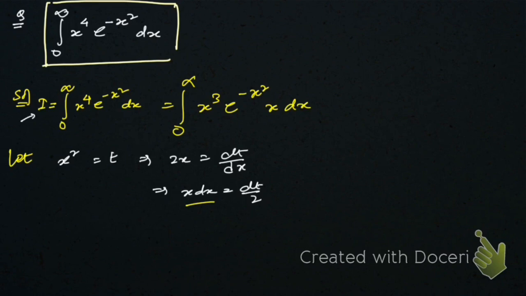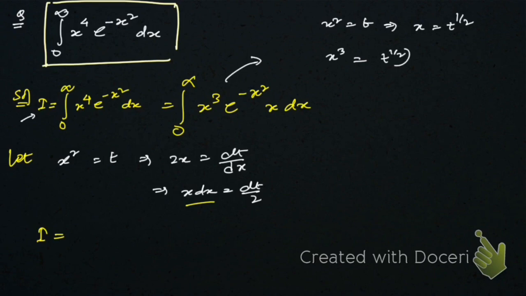Then I will be equal to, now you see, this x cube can be written as, we have taken x square is equal to t, so x will be equal to t to the power half. So here we have x cube, then t to the power half whole cube, that means t to the power 3 by 2, right?